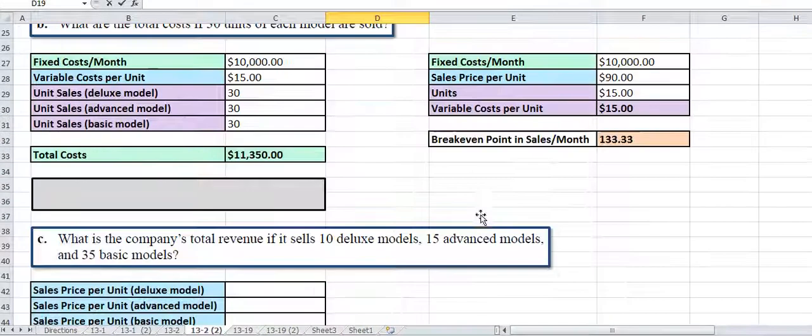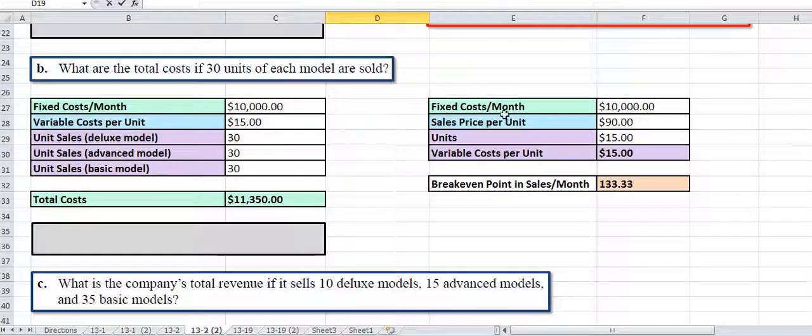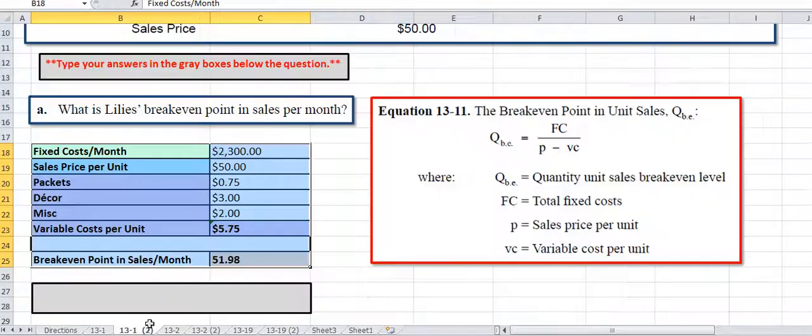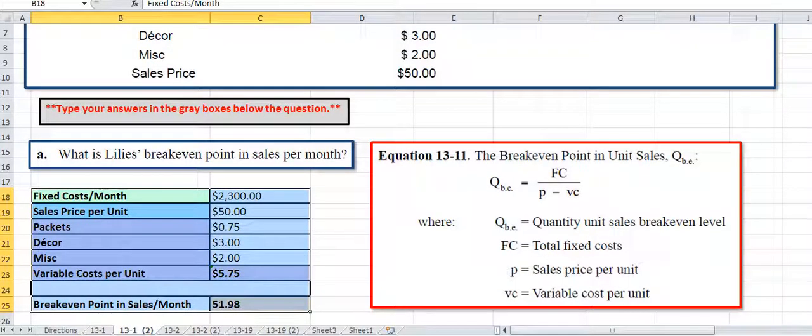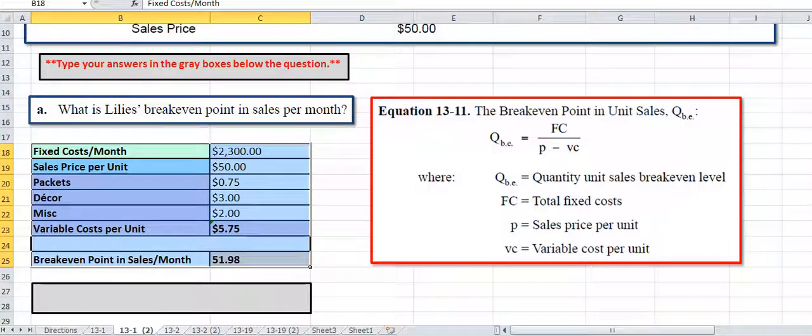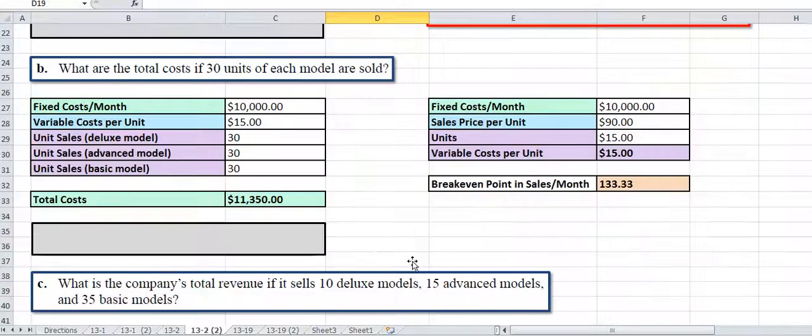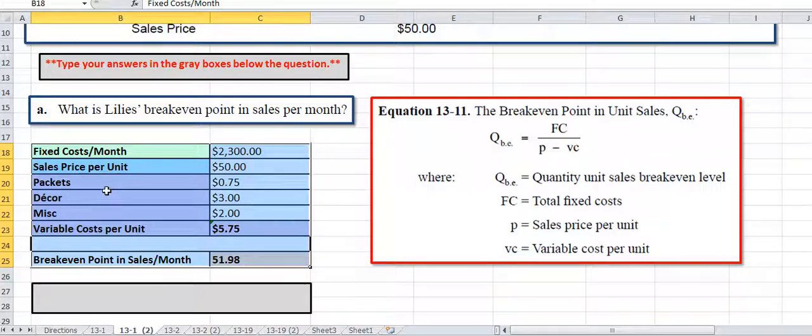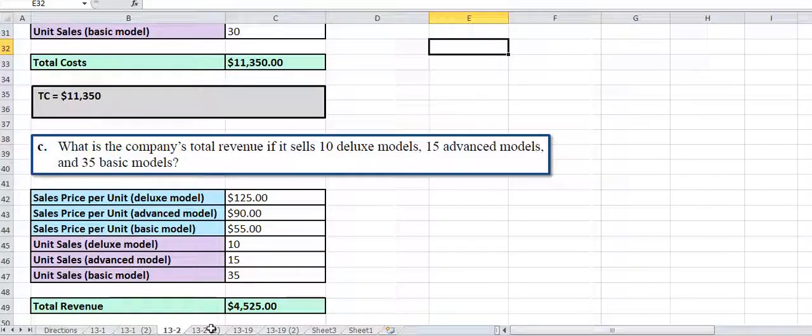So what I did, just to show you, is I put in the formula from problem 1. I just copied it here and put it over here, and took out the extra rows for the variable cost, and just put in 1 right here.